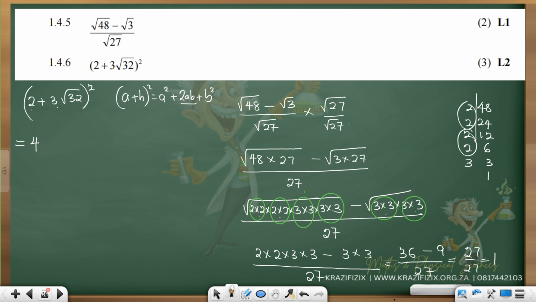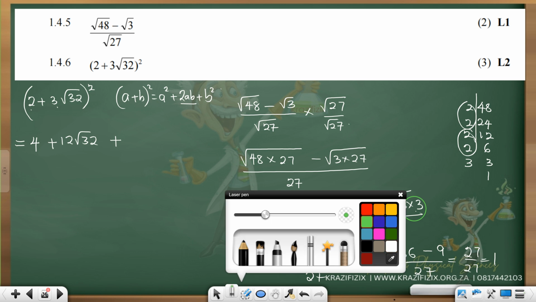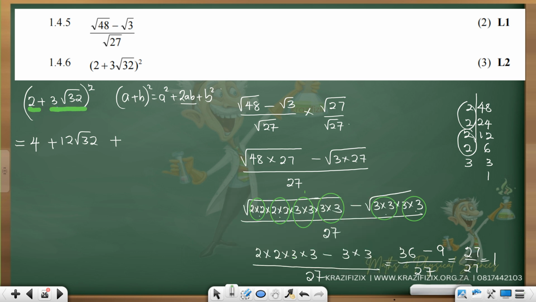So 2 times 3 root 2, that will give me 6 root 2, times 2 would give me 12 root 2, plus, I hope that makes sense. I'm multiplying the 2, 2 times 3. That gives me 6 root 2, then multiply by 2 again.